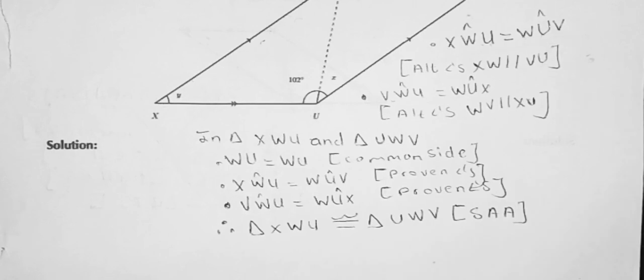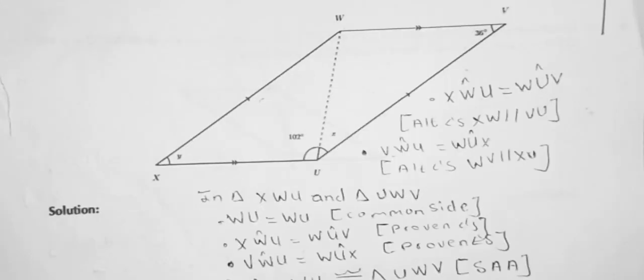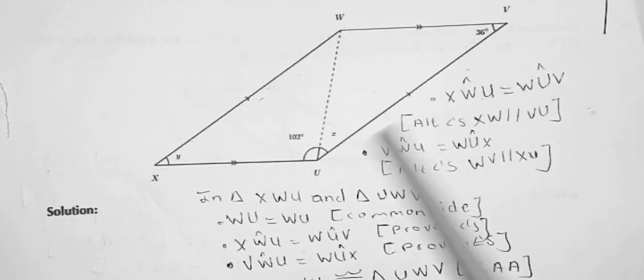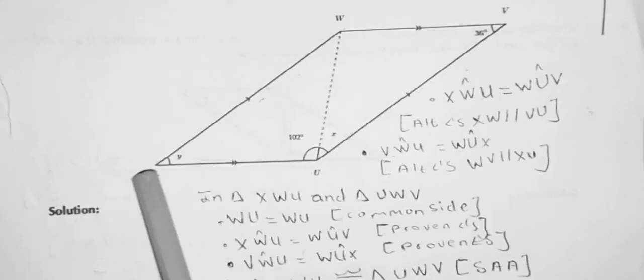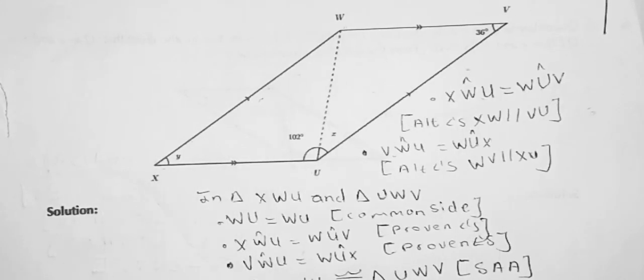So because we've proven this, we know that the sides of a parallelogram have to be equal. So you're going to say that WX is equal to VU, and also that WV is equal to XU.